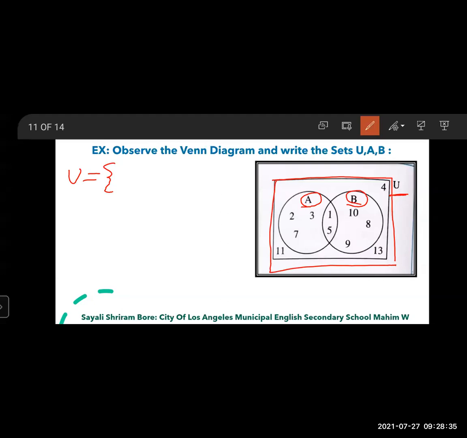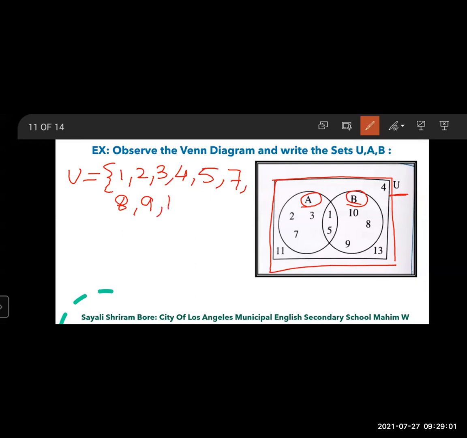Okay. So 1, then 2, 3, 4 is there. Yes. 4, 5. Yes, 5 is also there. Then 6. 6 is not there. 7 is there. Then 8 is there. 9.